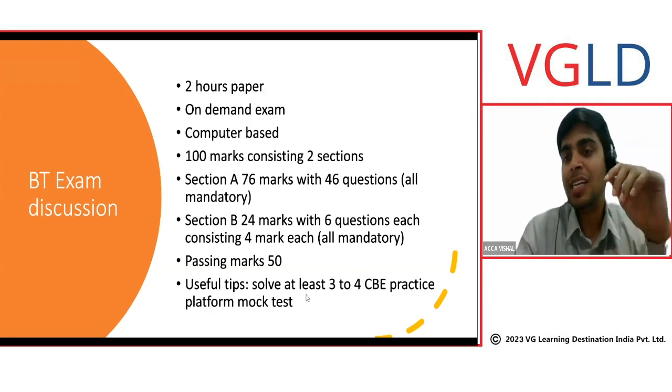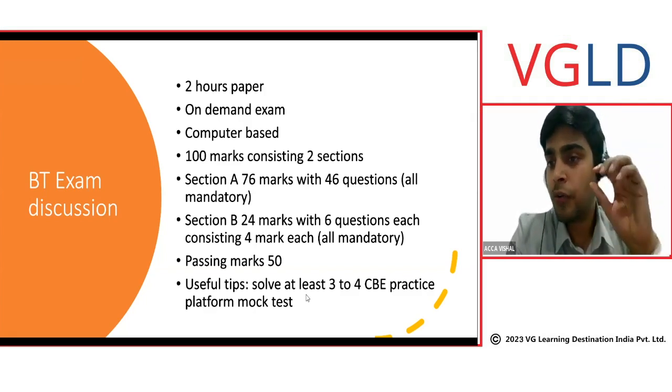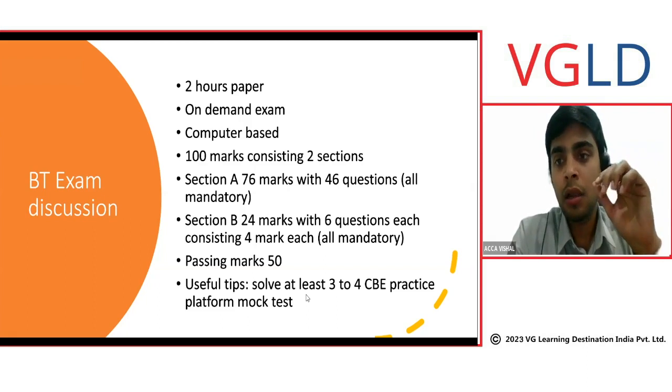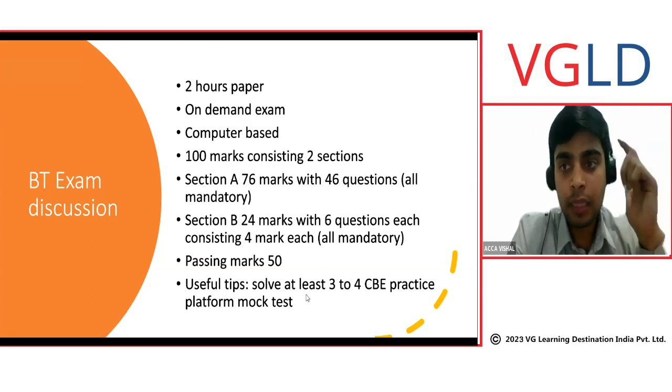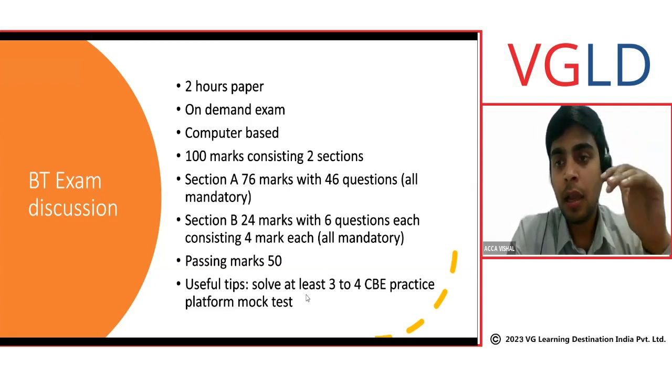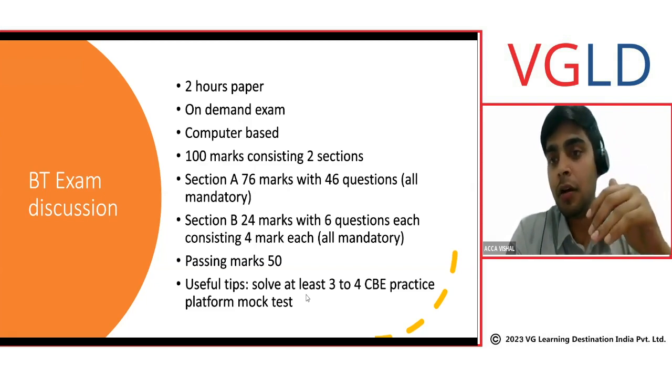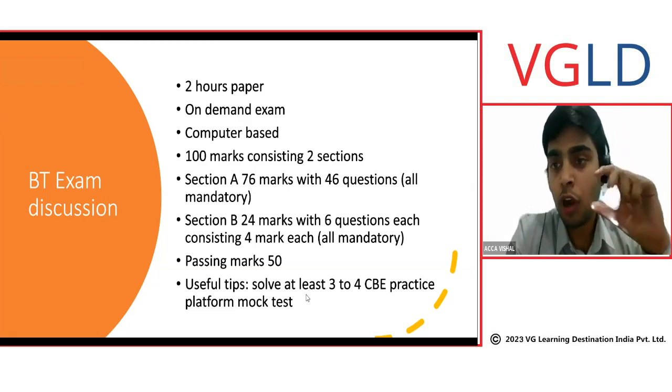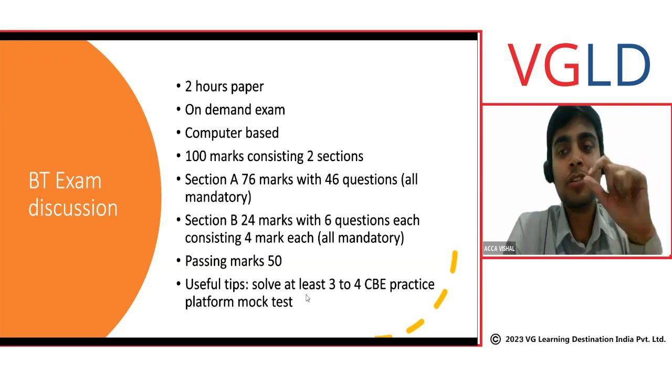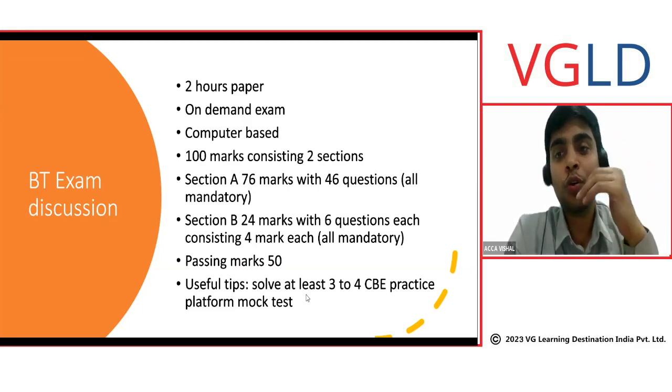Because in Section B, scoring 10 marks out of 24 is not that difficult. See, try to have that mentality: if I score 40 plus, then scoring 10 marks in Section B would not be difficult. And that does not mean my target for you is to score only 50.